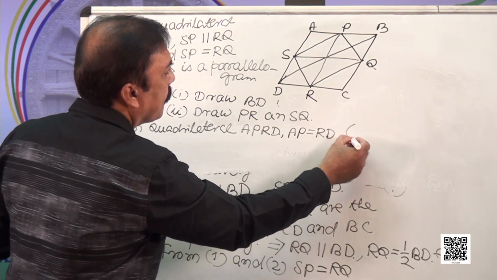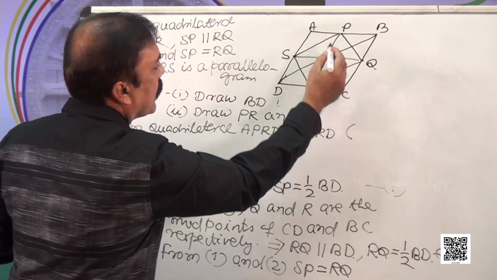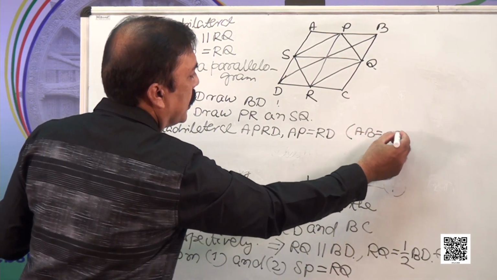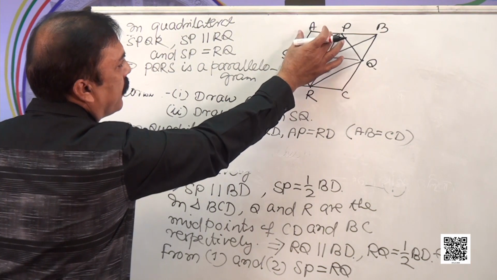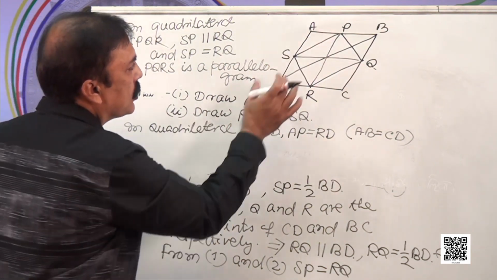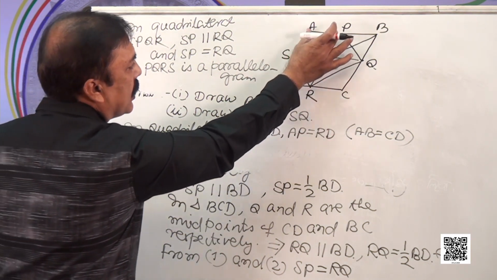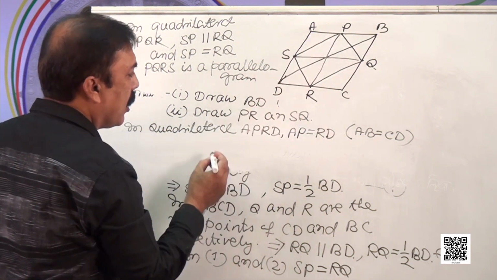Why? Because AB equal to CD. As P is midpoint of AB, so half of AB is equal to half of CD, that is AP equal to DR.